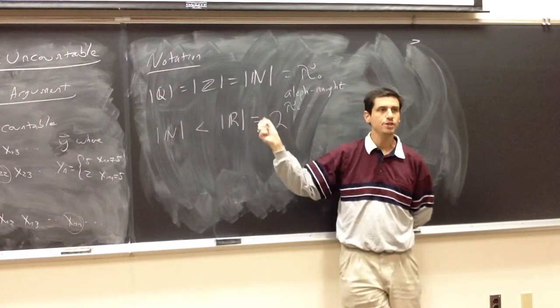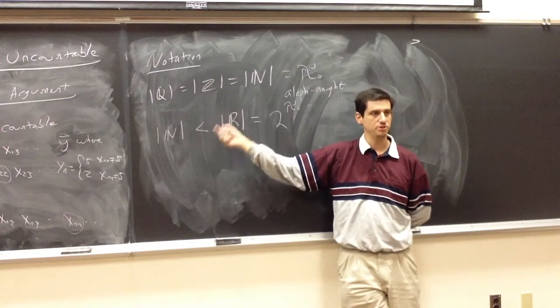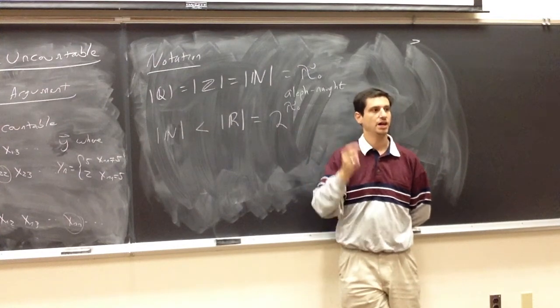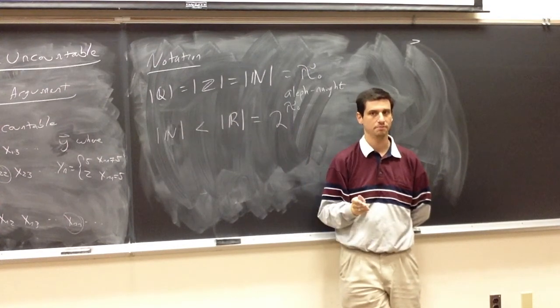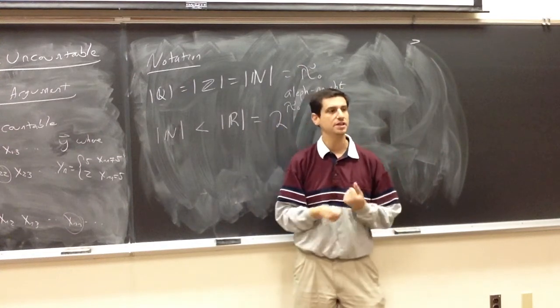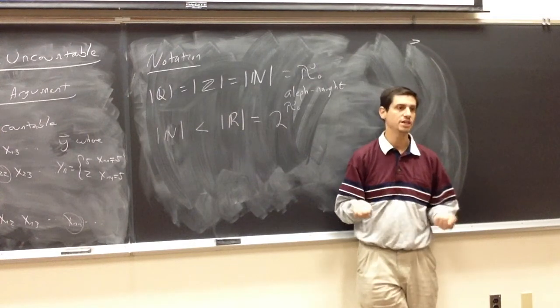The way you can view this is, if I'm looking at my decimal expansions, let's do everything base 2. I have 2 possibilities at each digit: a 0 or a 1. That's where this comes from. Another way of looking at it is, if I have n objects, how many subsets do I have? I have 2 to the n subsets.